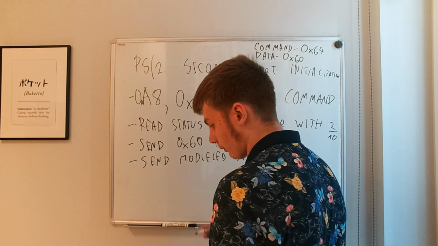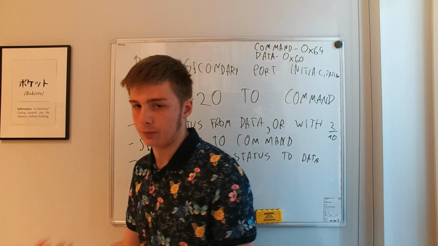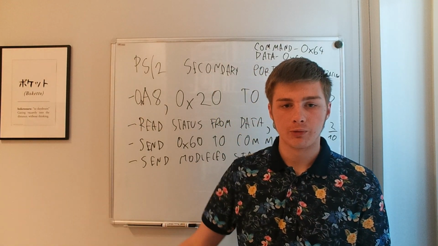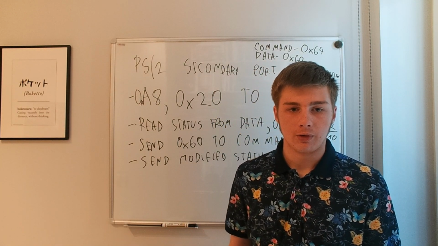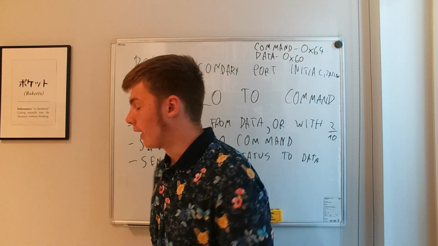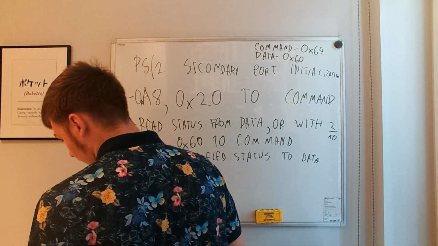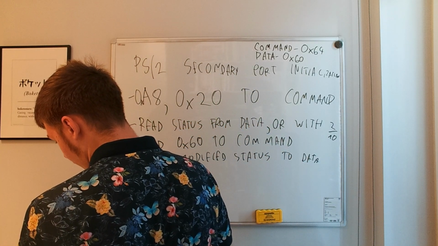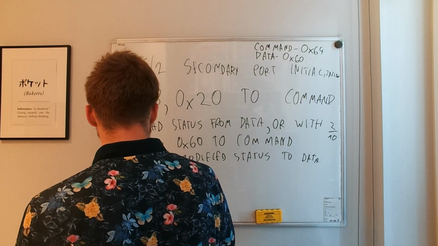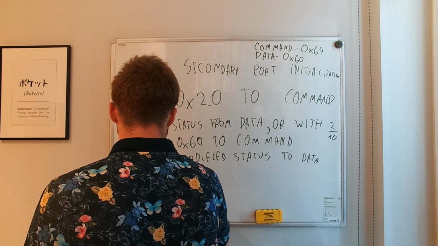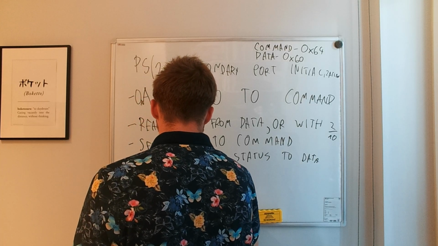And the way that we can do this is first we have to send a command of, hey, I want to modify something about the mode of this port. And this command is D4.